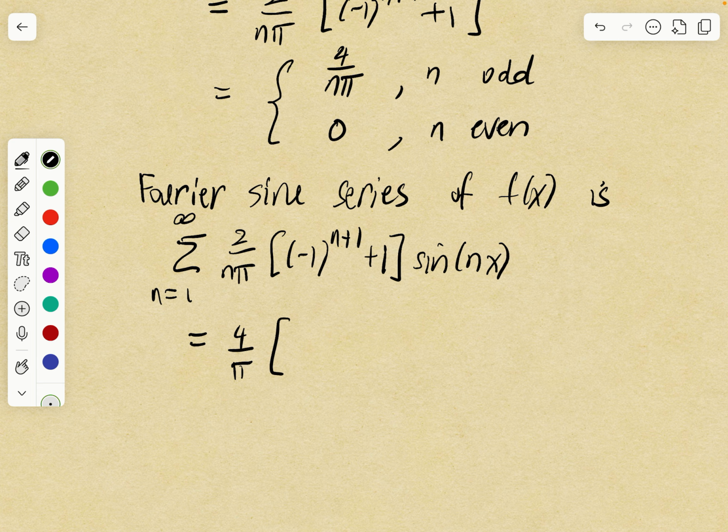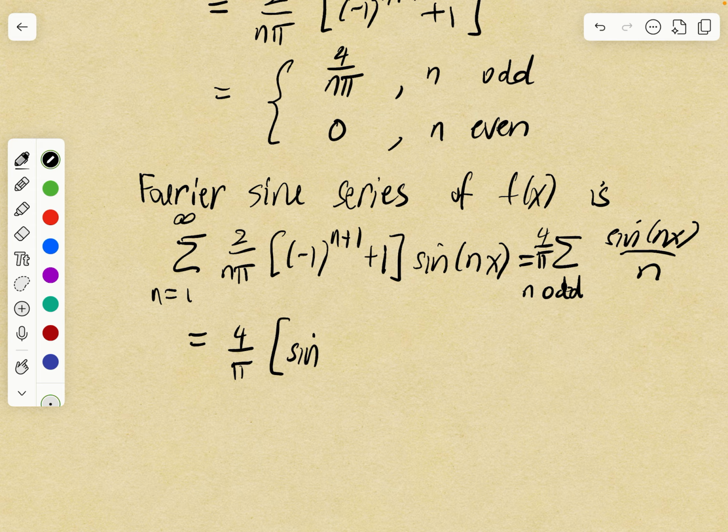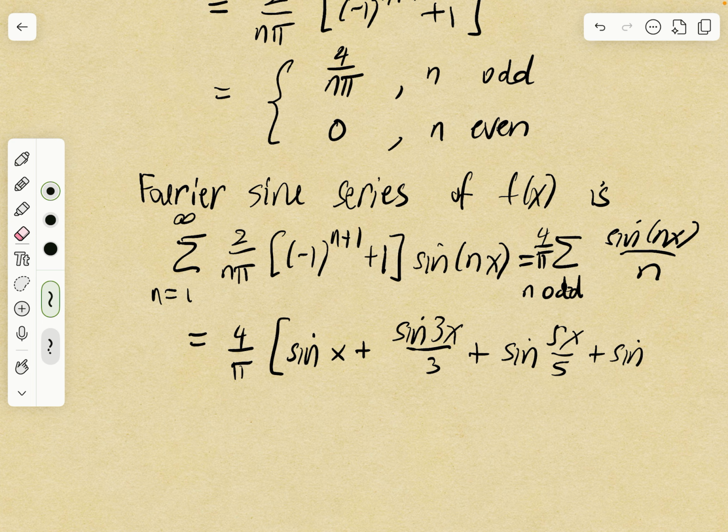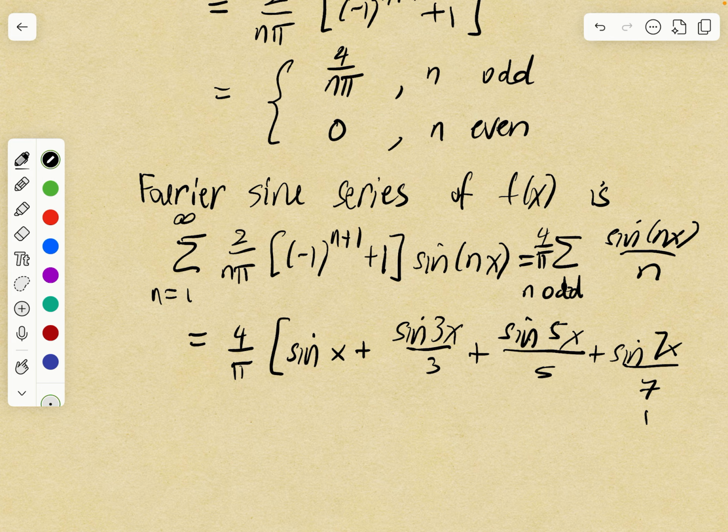This is the sum over odd integers of 4 over pi times sine nx over n. So that's sine x plus sine 3x over 3 plus sine 5x over 5 plus sine 7x over 7 plus dot dot dot.